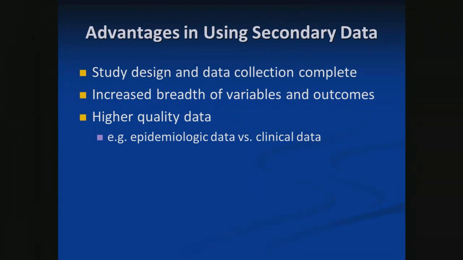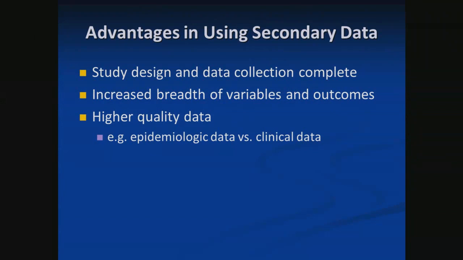So advantages. Main advantage, it's done. Money, time, right? That's a huge advantage. The second main one that I would identify is that often, and especially in epidemiologic data sets, which I'm going to distinguish in a second between epidemiologic versus clinical, there are a lot of variables and outcomes collected.